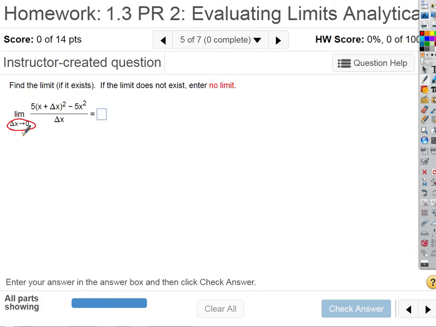When you do that, you can already look ahead a little bit: you're going to get 5x squared plus some other stuff. But look what's going to happen, 5x squared minus 5x squared. We call those the naked terms. The terms that don't have a delta x in them are all going to cancel, and then you take it from there. All right, so there's one.